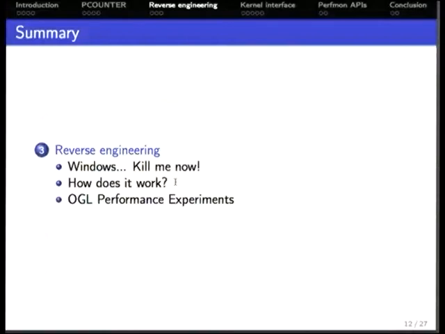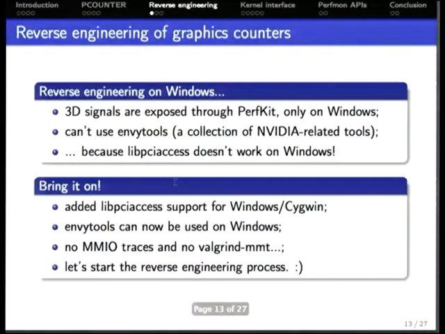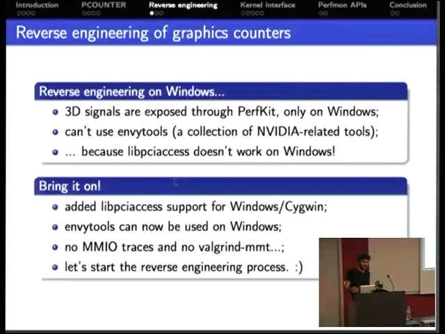So now I will explain the reverse engineering process. Reverse engineering on Windows is very painful, but 3D signals are only exposed by PerfKit, so we have to deal with Windows. But I couldn't use nvtools, the section of NVIDIA-related tools and documentation, because nvtools is based on libpciaccess, and that library was not supported by Windows.